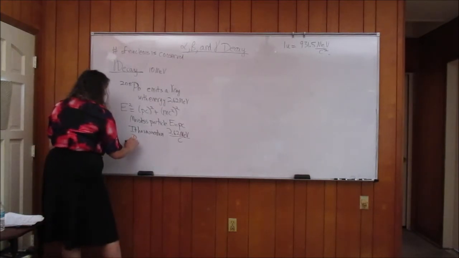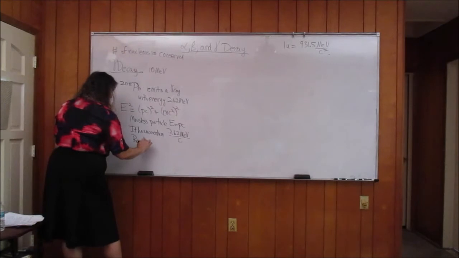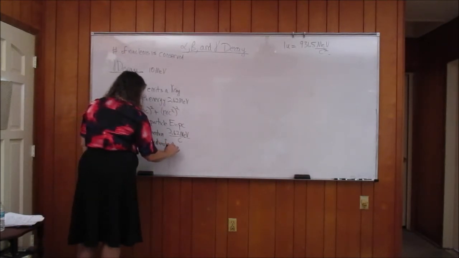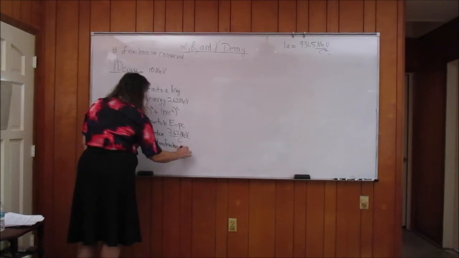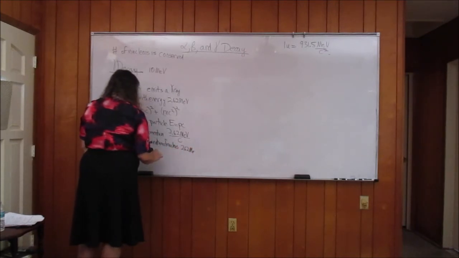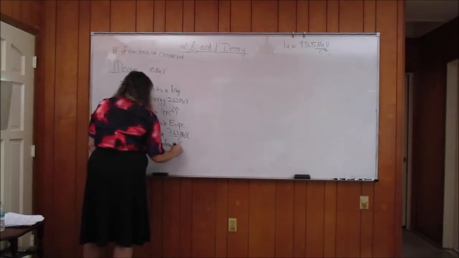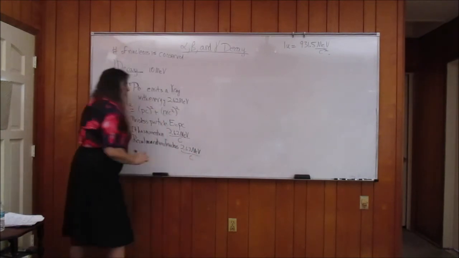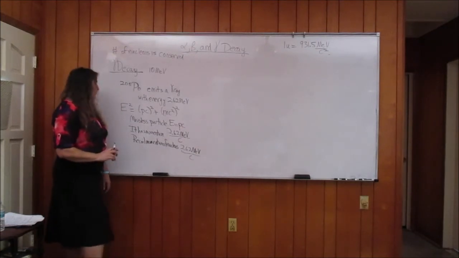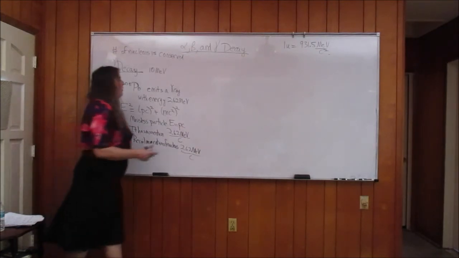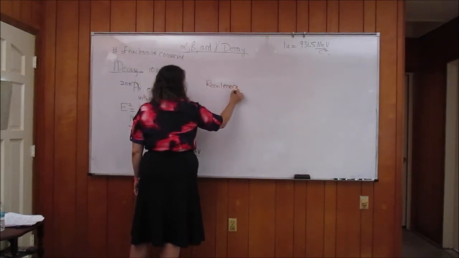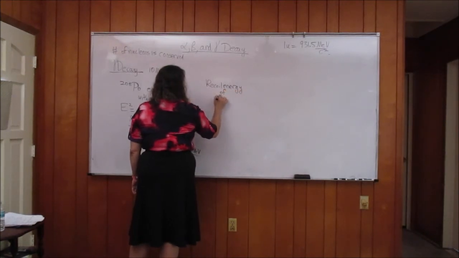So the recoil momentum of the nucleus is also going to be 2.62 megaelectron volts over c. And I might also want to figure out what the recoil energy of the nucleus is.